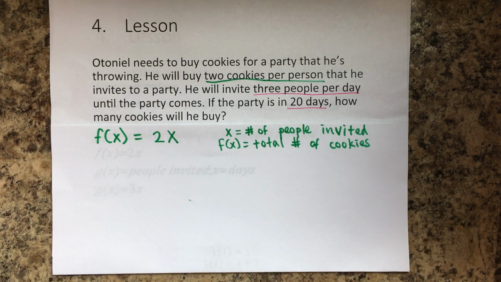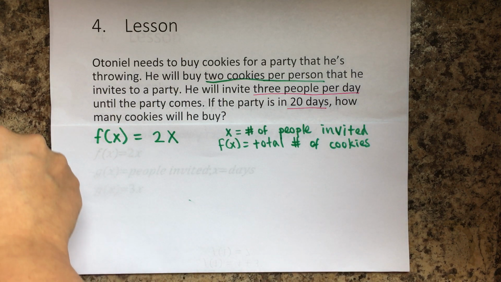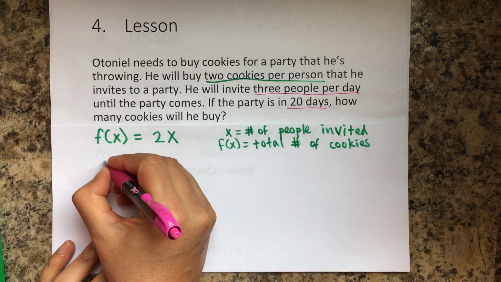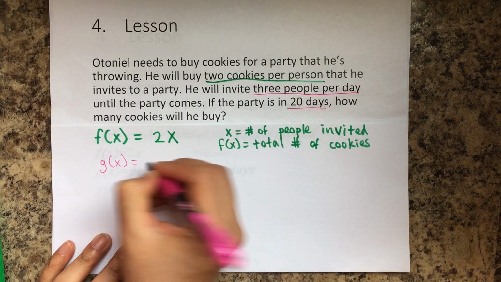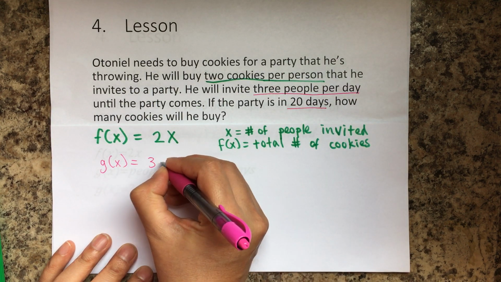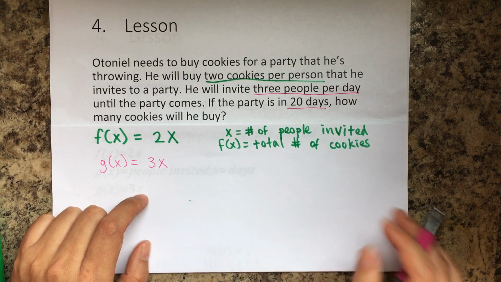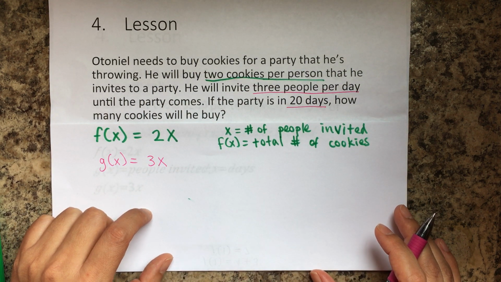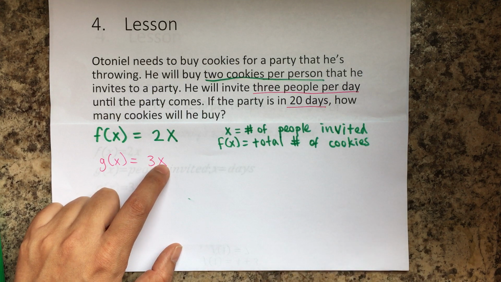Okay? Now the next sentence says he invites 3 people per day. So that will be g of x is equal to 3x. So the number that he invites is 3 per day.